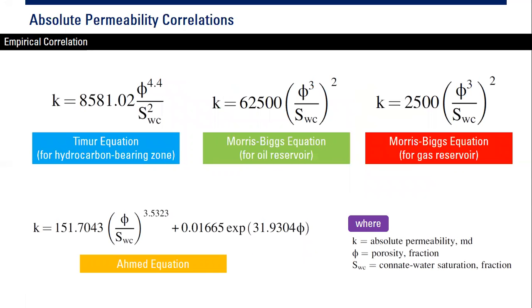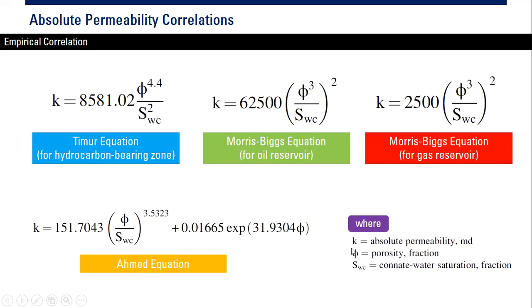This is an empirical correlation to estimate the absolute permeability if you have porosity and irreducible water saturation. So you can use the Timur equation for hydrocarbon bearing zone. You can also have the Morris-Biggs equation for oil reservoir. But for gas reservoir, Morris and Biggs also have another equation. You can also use the Ahmed equation, provided that you have porosity and irreducible water saturation.